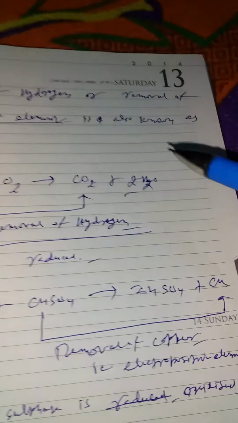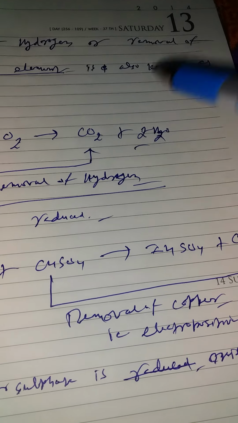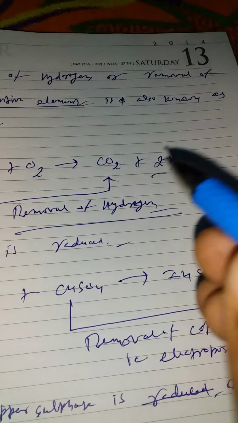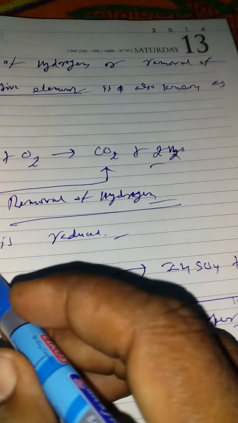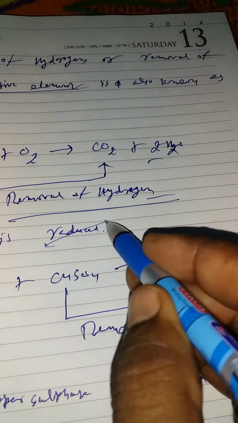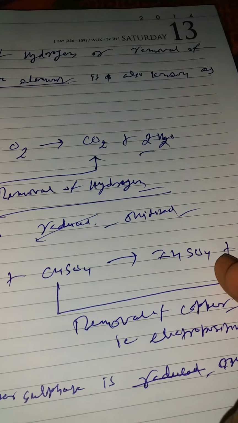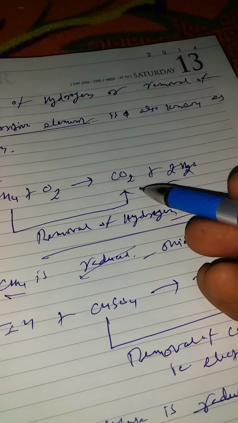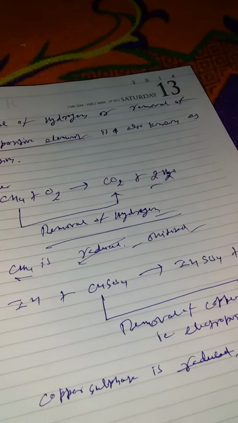Because removal of electropositive element is also known as oxidation, and in the above example, removal of hydrogen means CH4 is not reduced, CH4 is oxidized, because CH4 converts into carbon dioxide, that means removal of hydrogen.